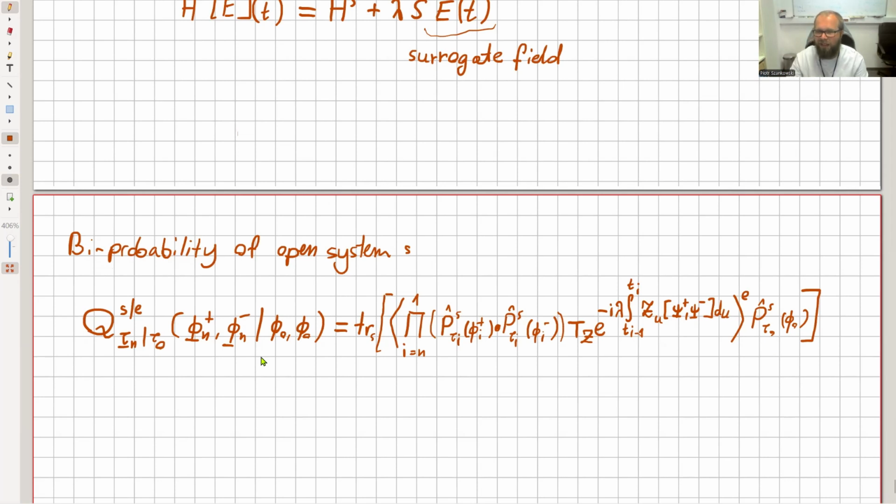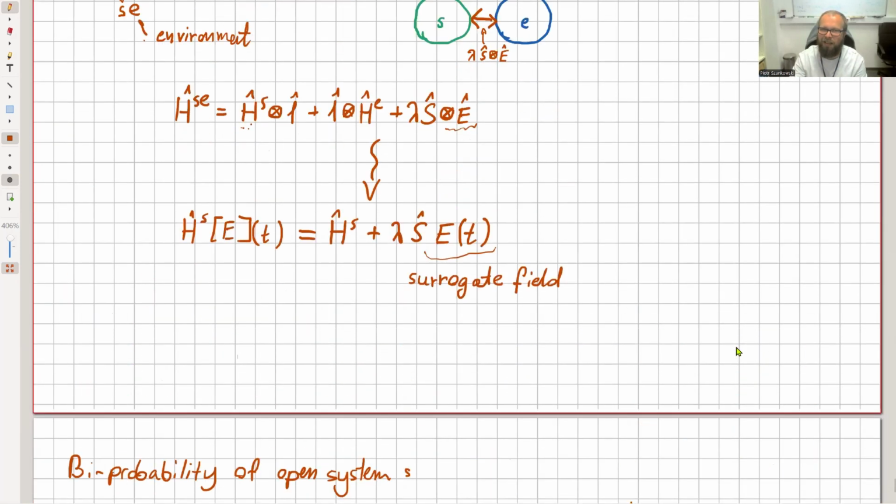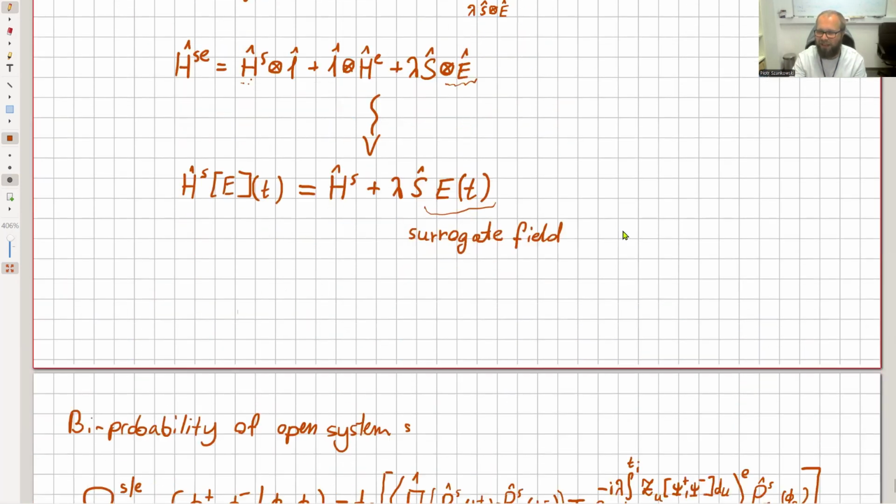So this QSE is the, let's say, exact by probability. This is how it looks when you include the influence from the environment treated as a real life quantum mechanical system.